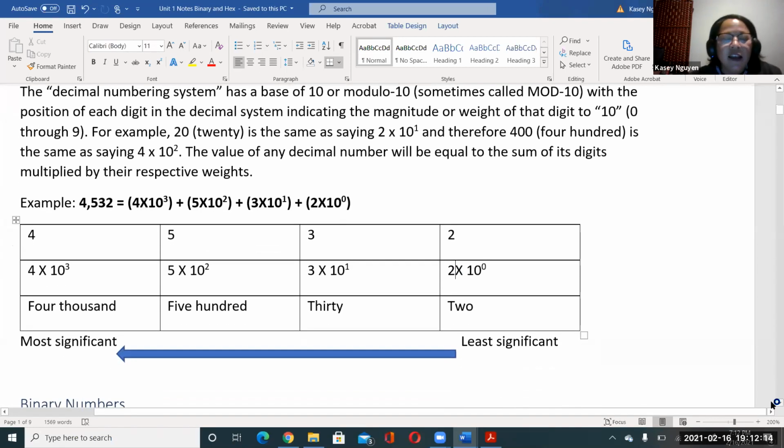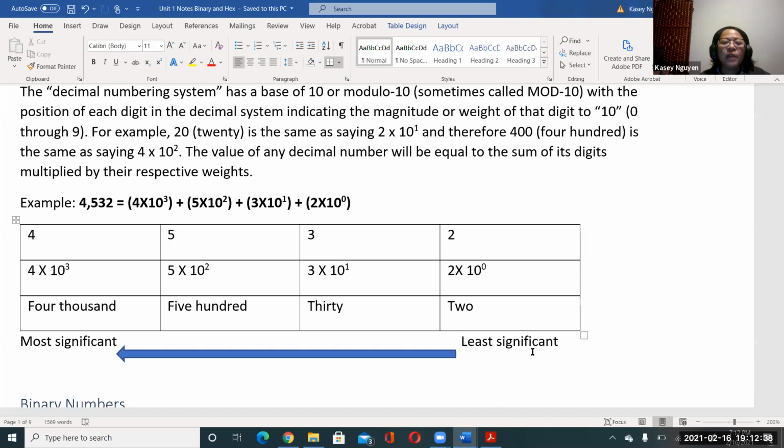I'm sorry. So the least significant is on the right, right? And as you move left, you would see that it's higher, and we call that most significant. The way that humans designed the computer is we mimic its computing power to how we think, okay?